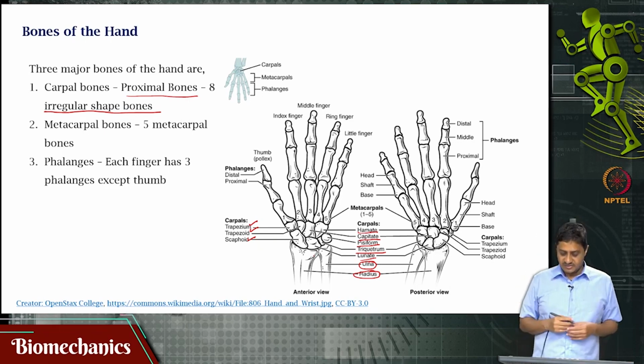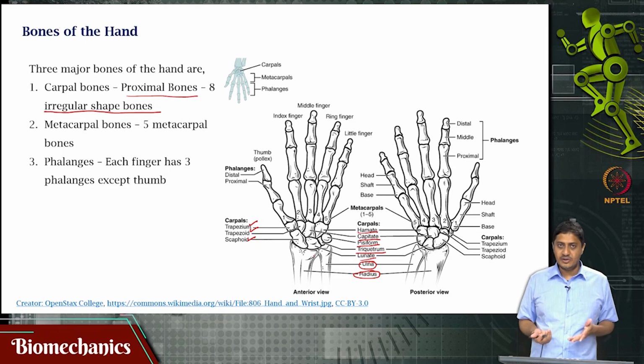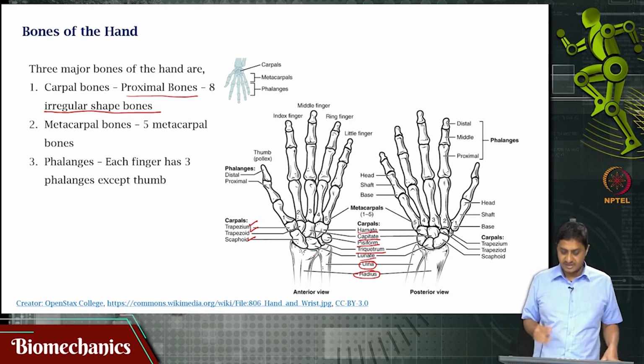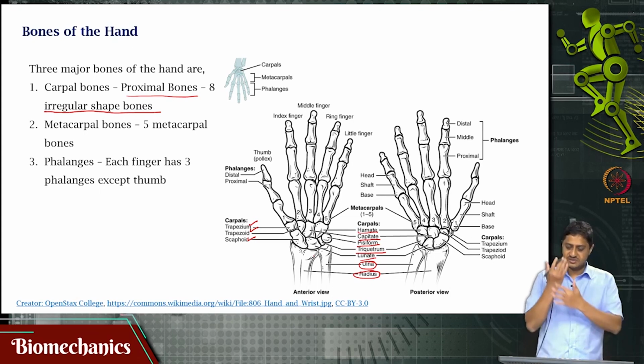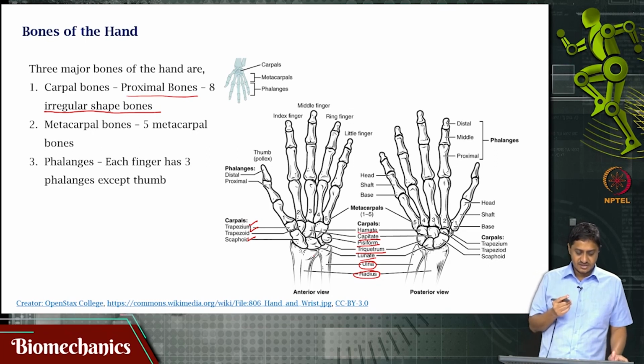Now, there is one more joint of the radius and ulna, which is again called the radio-ulnar joint, but this is more distal. This is the distal radio-ulnar joint. So, the carpal bones are the most proximal of the bones within the hand, those that are located closest to the wrist.